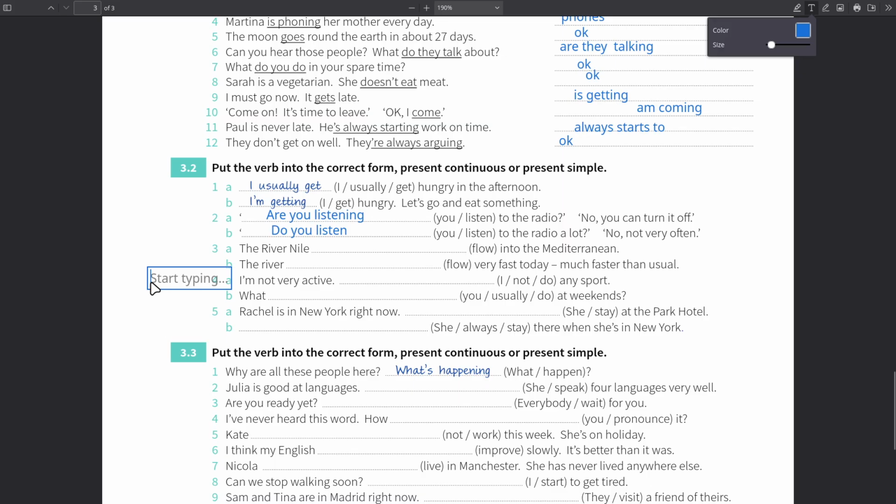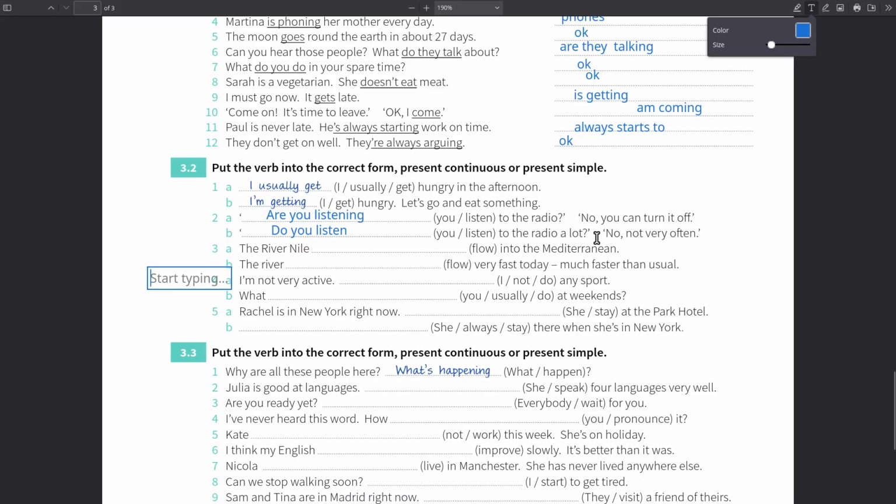Okay. Why? Because let's analyze the first one. Are you listening to the radio? No, you can turn it off. Look at this. This is a simple answer, right? That somebody's asking you right now. That person is asking you if you are listening to the radio right now. It's an answer for an action that's happening right now.